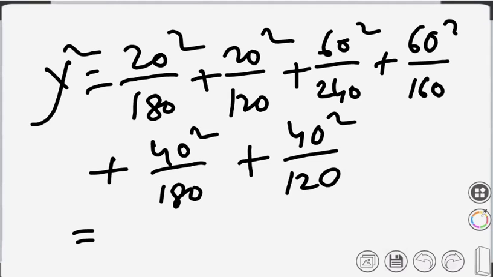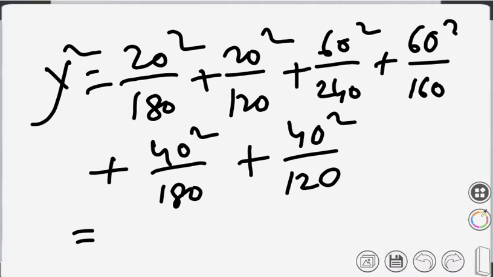So calculate the value of chi square. How much is this? We get 20 square by 180 plus 20 square by 120, plus 60 square by 240 plus 60 square by 160 plus 40 square by 180 plus 40 square by 120, which gives you 65.27.